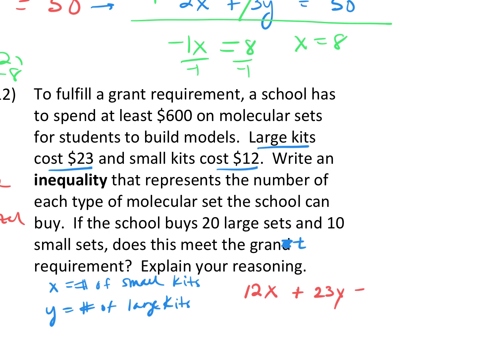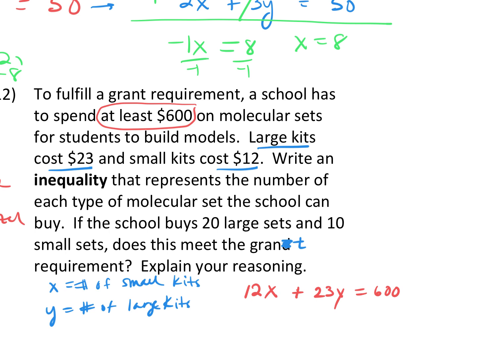And it's very tempting to say that this equals $600 exactly. Now, that's not what they said. They said that we have to spend at least $600. So sometimes when money is raised, like through a grant, you can only spend money on the thing that you raised money for.